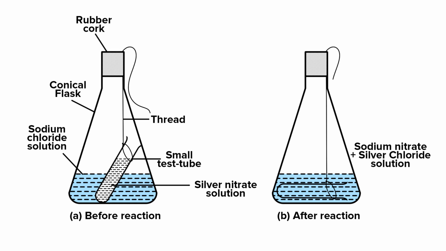After noting the mass, he shook the conical flask and allowed the silver nitrate solution to mix with the sodium chloride solution, so that the reaction takes place between the two solutions. He measured and noted the mass again after the reaction took place.